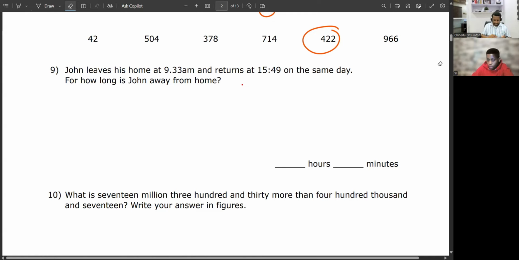And then 3 o'clock to 3:49, 49 minutes. Add them all together. 3 hours plus 3 hours is 6 hours. 6 hours plus 49 minutes.